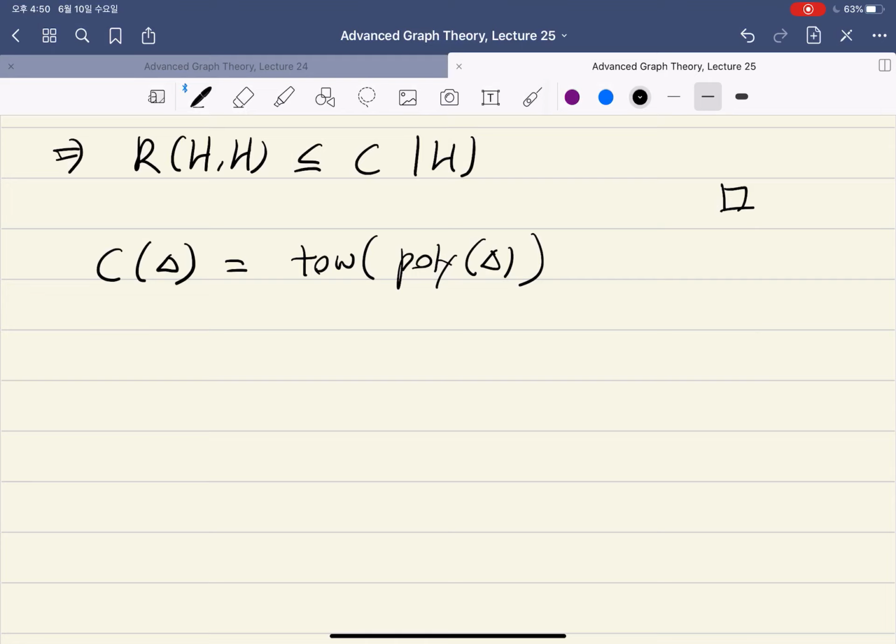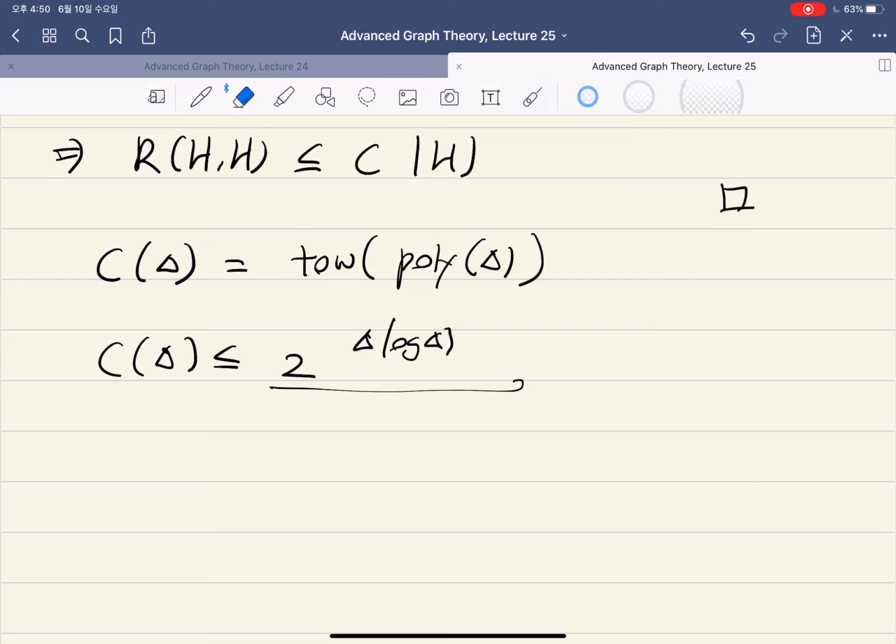But if we use something called dependent random choice, which we don't have time to cover in this class, then we can actually show that this is exponential in some constant times delta log delta, at most a bit more than exponential.